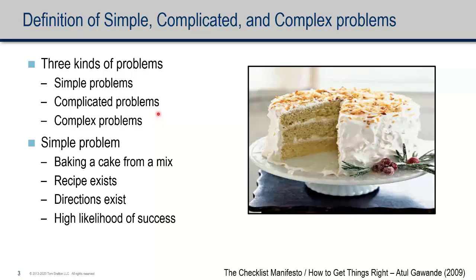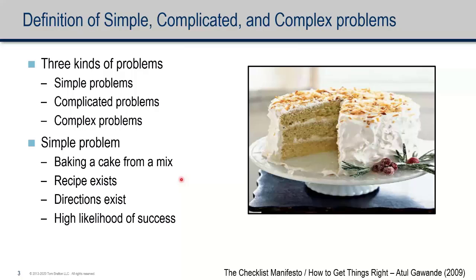He introduced complicated problems and complex problems. But the simple problem, his example was baking a cake from a mix. You go to the store, you buy the mix, you pour it into a bowl, add some milk and an egg, and turn on the oven, and the recipe exists, the directions exist, and there's a high likelihood of success.